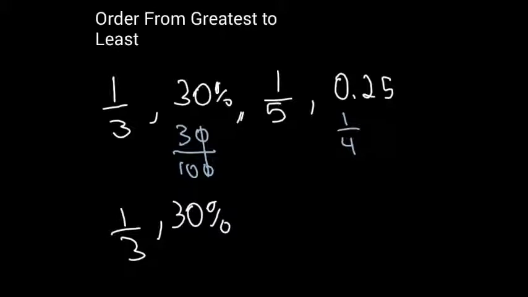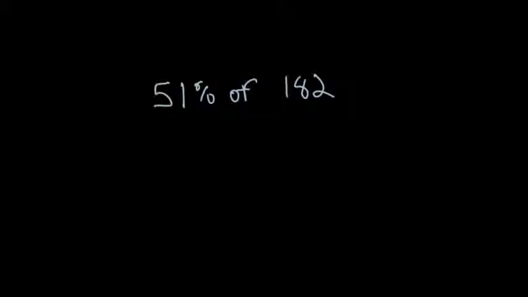Next would be 1/4, or 25 hundredths. And then the least would be 1/5. You could have made them all decimals, or you could have made them all percents as well. I just chose to use fractions here.